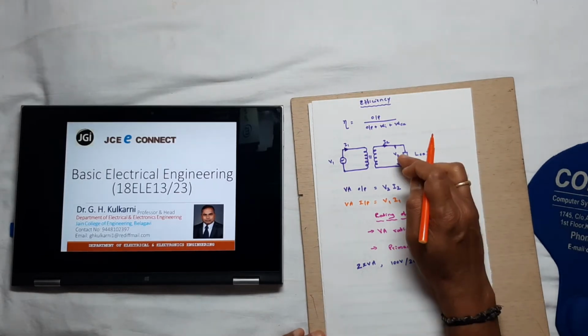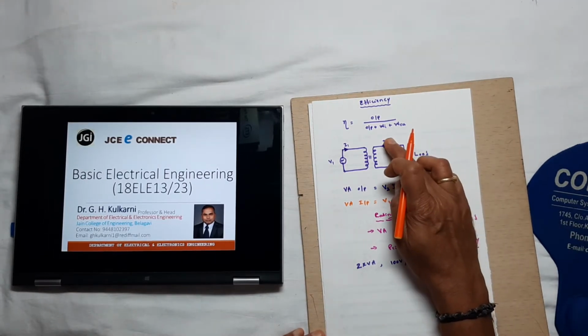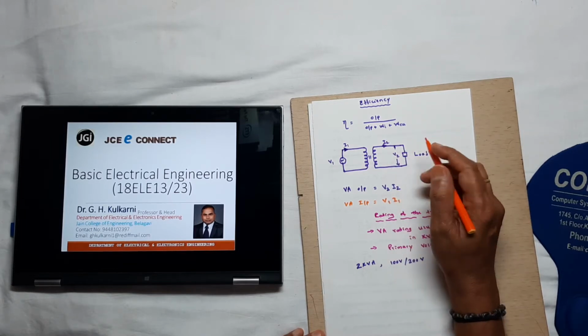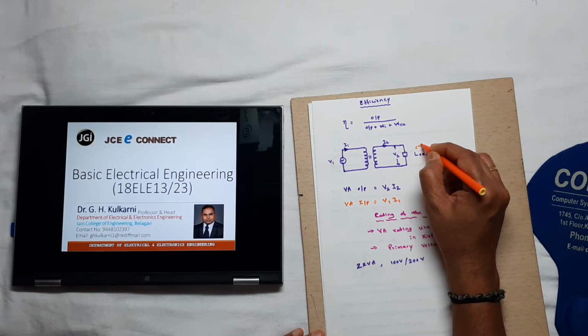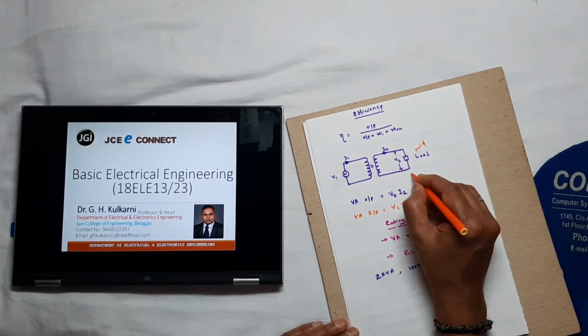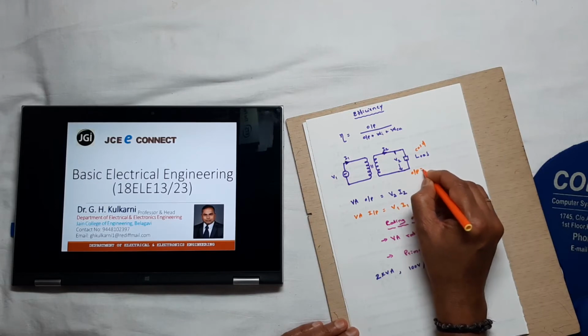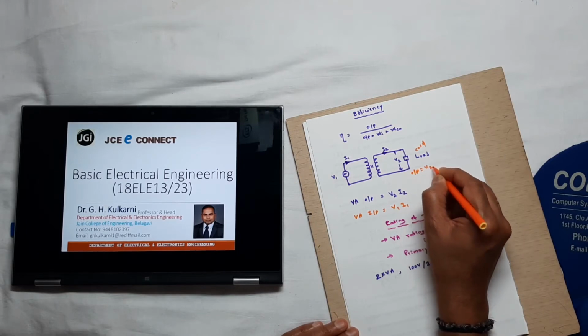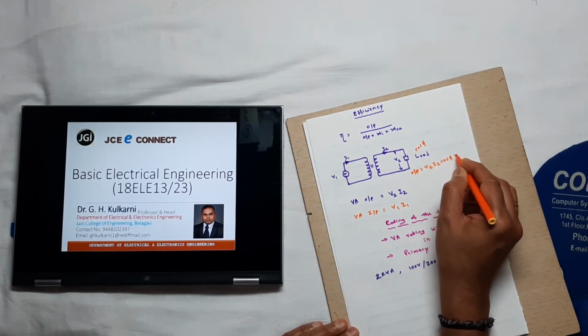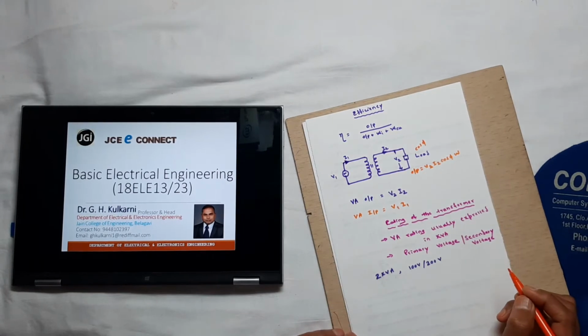It is delivering a current of I2 amperes at voltage V2. The load has a power factor of cos phi. Then the output of the transformer is V2 I2 cos phi, so many watts is the output of the transformer.